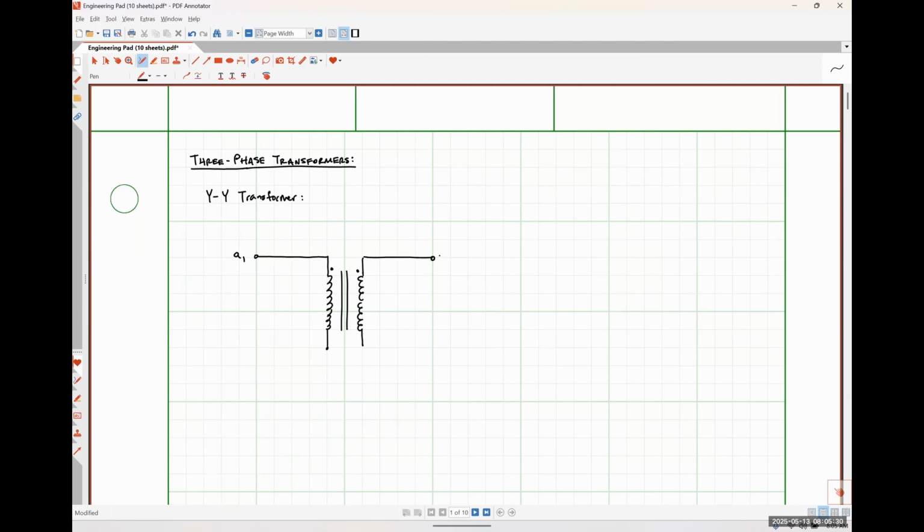And then this is going to be my secondary. I'm assuming that my secondary is connected to a load, which is why I'm explicitly writing a capital A over here, because we use lowercase letters for the source side of the system and uppercase letters for the load side of the system. And this is going to have a subscript of 2 because this is on the secondary side as well. Okay.